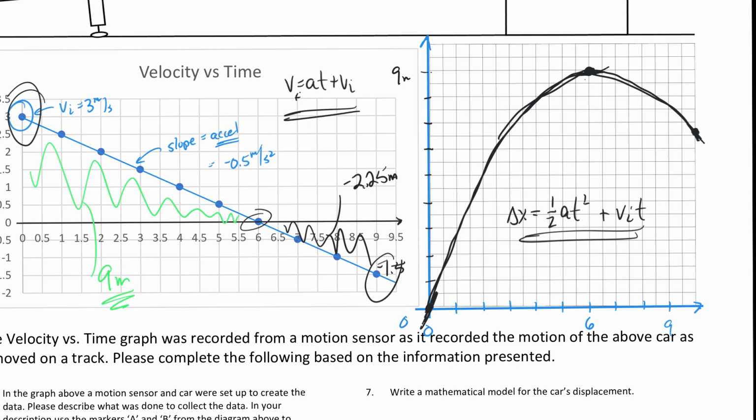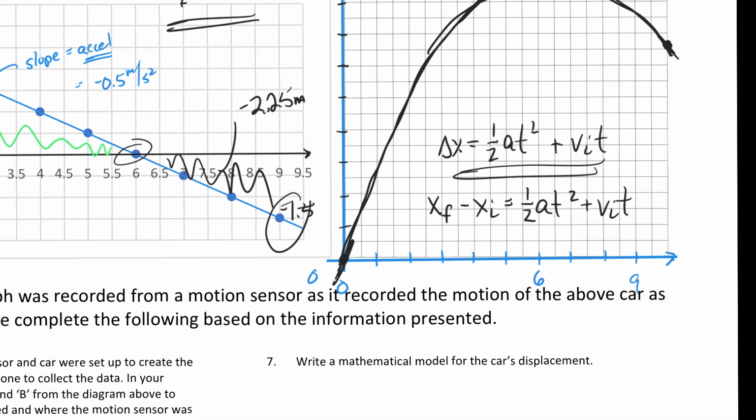So if I want the model for position, I need to plug in what I know. I'll probably separate this and make this x final minus x initial equals 1/2 at squared plus vi times t. It starts at the origin, so that's 0.